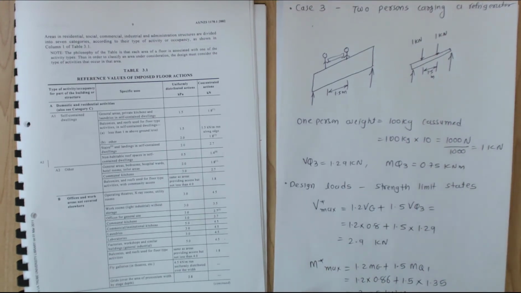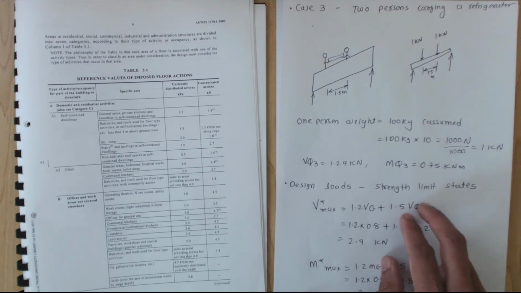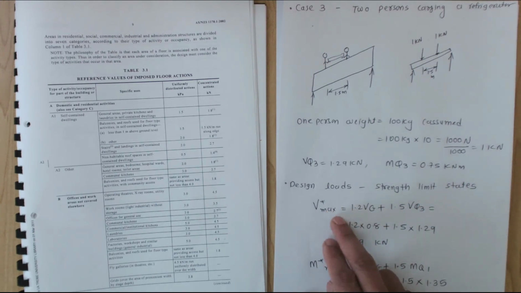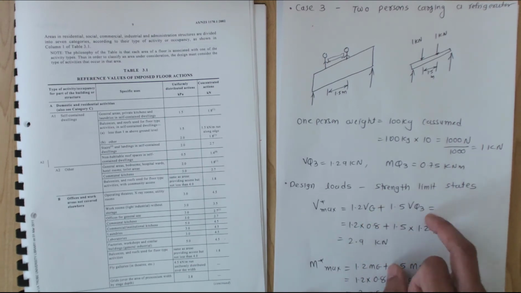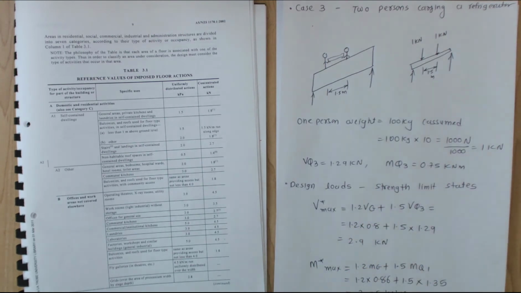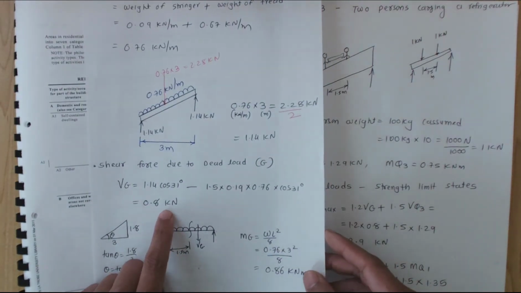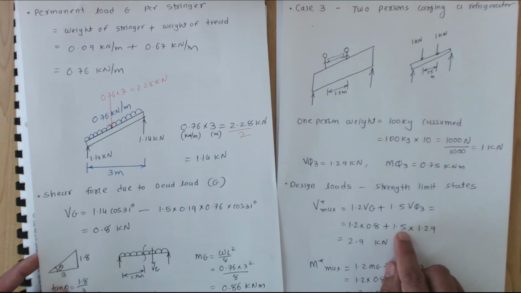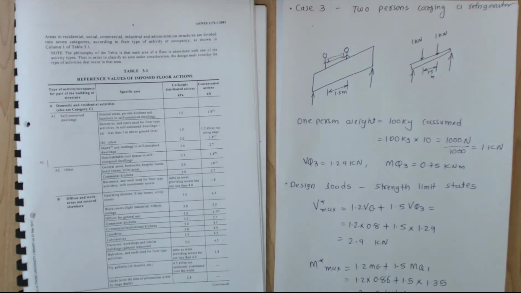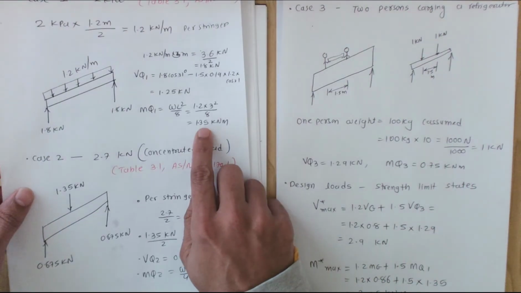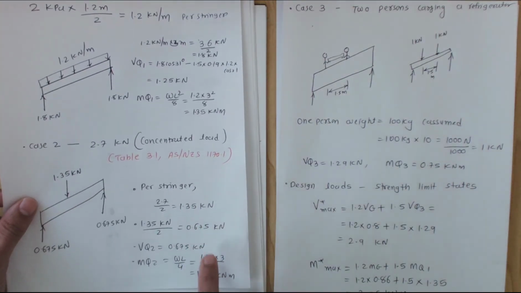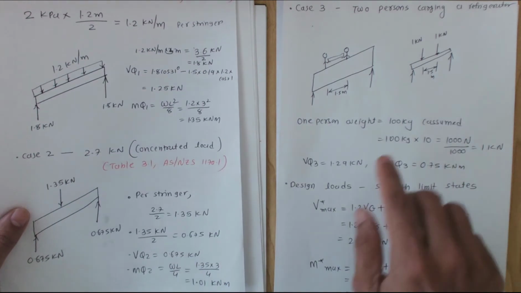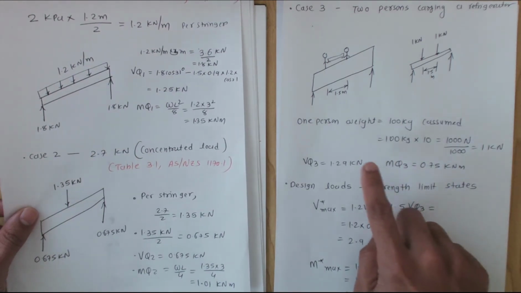Now the design loads are for the strength limit state, like a factored load. Shear force is 1.2 dead load plus 1.5 live load. The shear force due to the dead load we calculated as 0.8 kilonewtons, and I substituted it here, plus 1.5. Now we have various shear forces: load case 1 is 1.25, case 2 is 0.7, and the third one is 1.29.